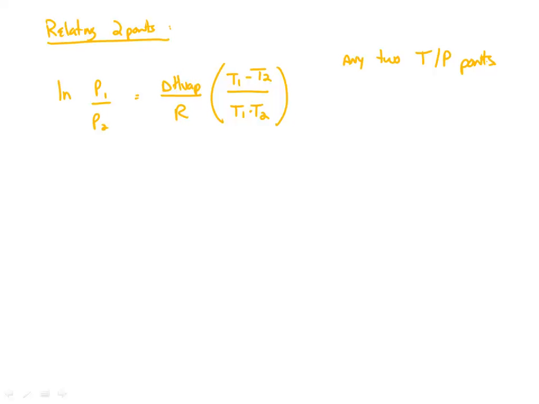So we can ask questions like, I know that at 100 degrees Celsius, the vapor pressure is equal to 760 millimeters of mercury for water. What is the vapor pressure at 50 degrees Celsius?